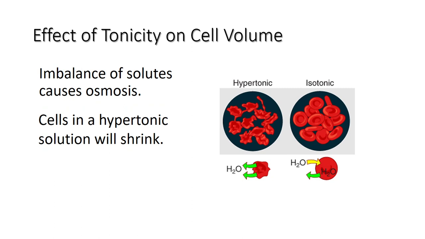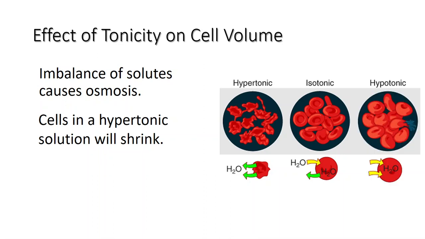In contrast, a solution that has a lower concentration of solutes than another solution is said to be hypotonic, and water molecules tend to diffuse out of a hypotonic solution. Cells in a hypotonic solution will take on too much water and swell, with the risk of eventually bursting.